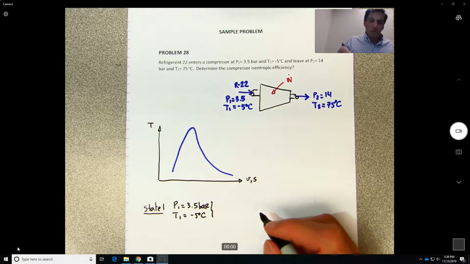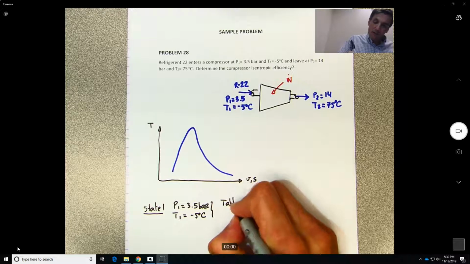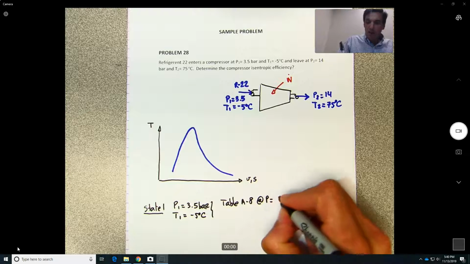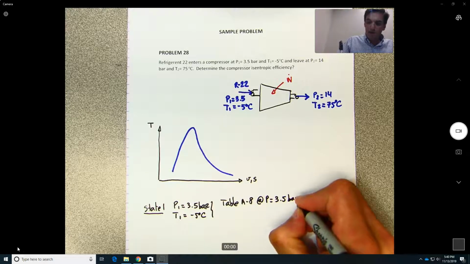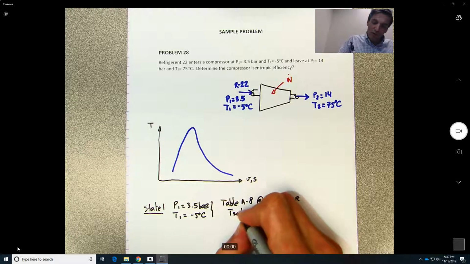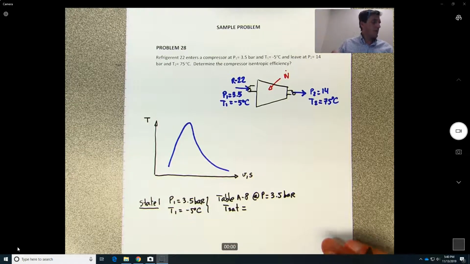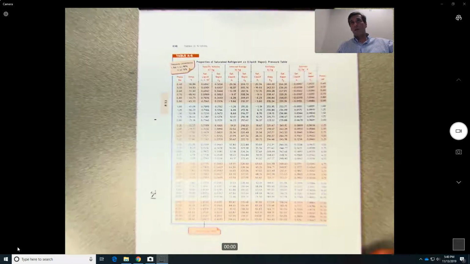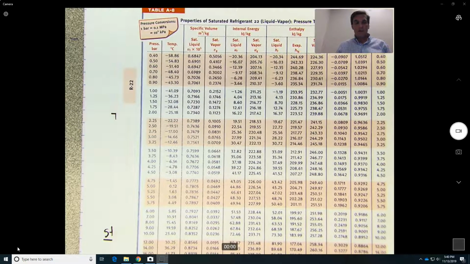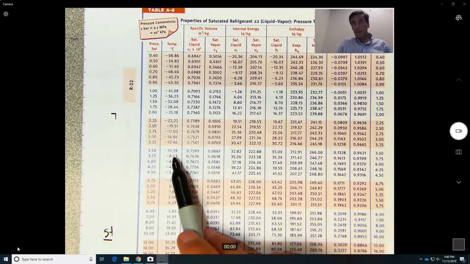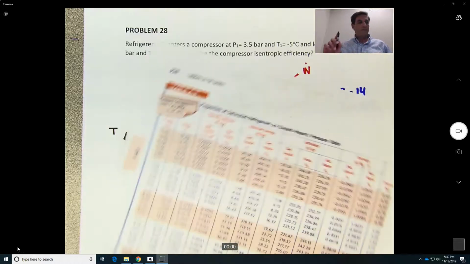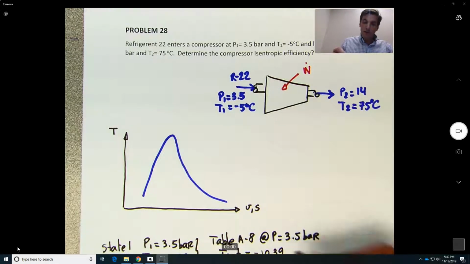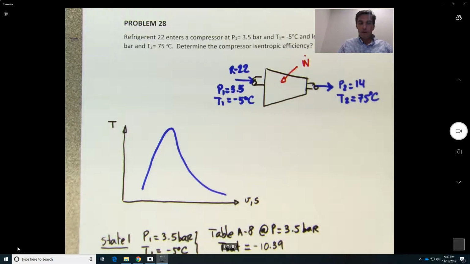Okay, so if we go to table A8 at P equal 3.5 bars, you find that the saturation temperature is -10.39. However, the temperature here is -5.